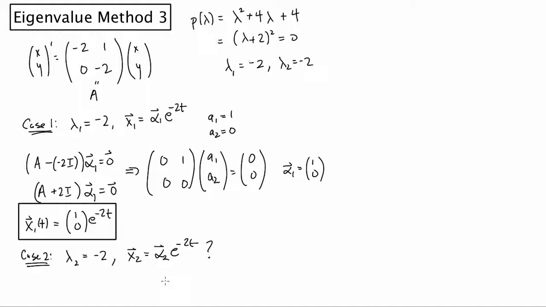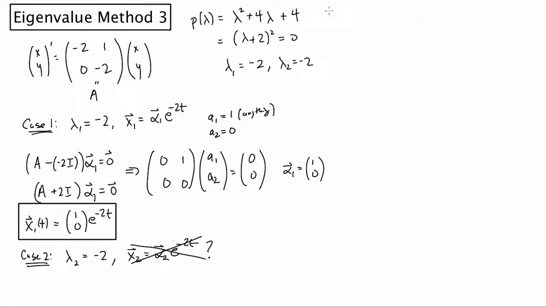The only thing that would work would be a constant multiple of this. A1 could be anything, but in order for this to be 0, the second entry is going to have to be 0. So anything I get is going to be a constant multiple of the eigenvector 1, 0 that I already have. So this is out. I can't look for an x2 of that form.